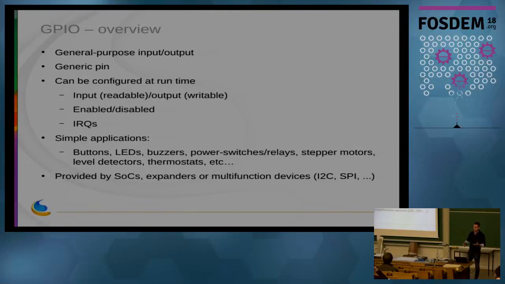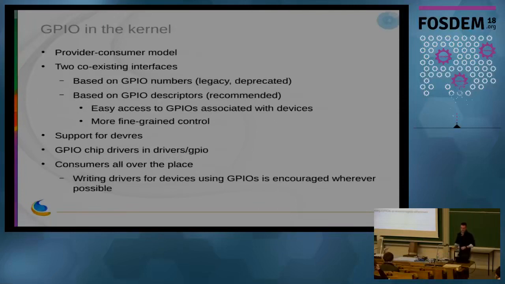These devices are the consumers of GPIOs, and we have SoCs or expanders that provide GPIO. Most SoCs provide a number of GPIO lines, but since you don't want to waste precious SoC pins on simple GPIOs, you use expanders that are connected over I2C or SPI.